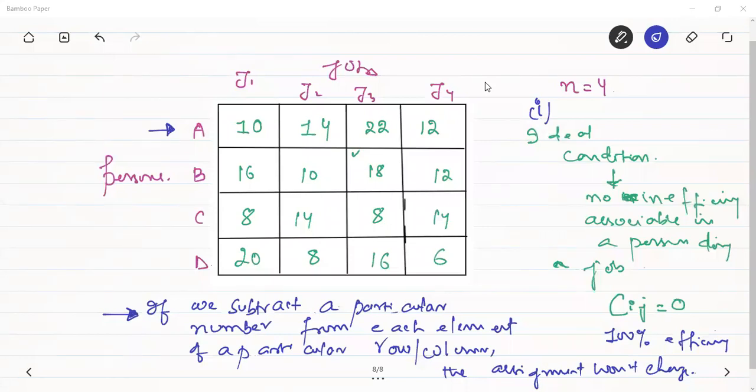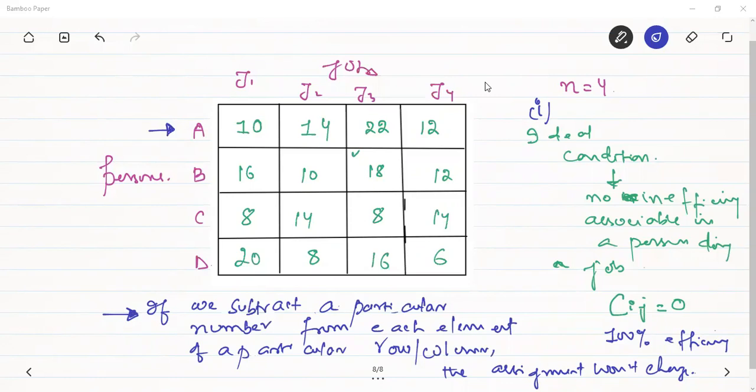so to solve the assignment problem, first of all what comes to my mind is that if I'm talking about the row number A, that means person A को मैं कौन सा जॉब देना चाहता हूँ, I would like to give him the job whose cost is 0.